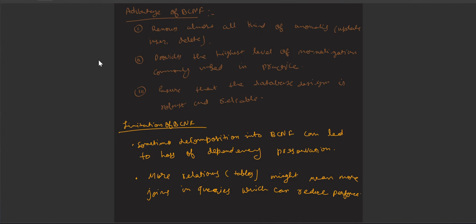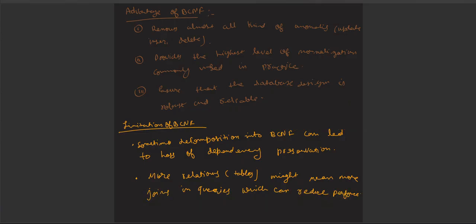So let me zoom out so that you can write both the advantages and limitations of BCNF. While you are writing, I am summarizing all the parts we have covered in this video. BCNF is a stricter version of 3NF, and the condition is that for every dependency X tends to Y, X must be a super key. If you don't remember what a super key is, I have already explained it in the keys video of DBMS, so please go through that one.